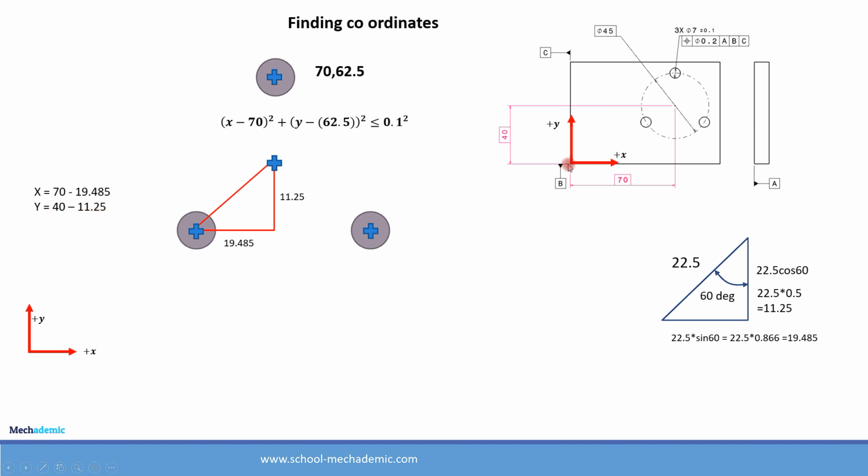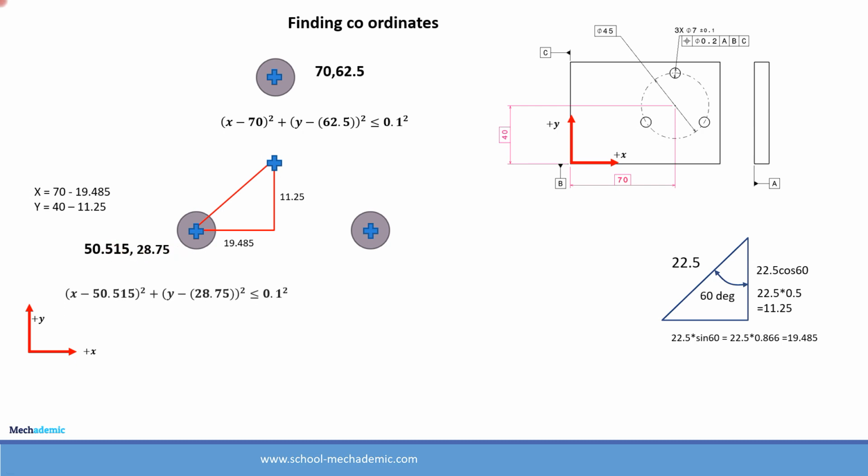From this edge to the center of the pitch circle it is 40, and if we subtract 11.25 we get the distance of this line from the x-axis. Y is equal to 40 minus 11.25, which is 28.75. So the coordinates of the center of this tolerance zone are 50.515, 28.75.